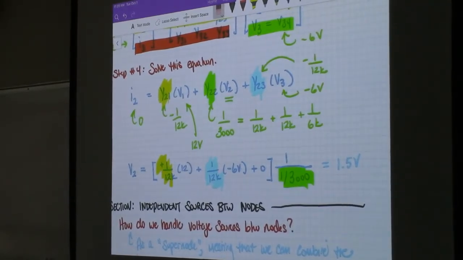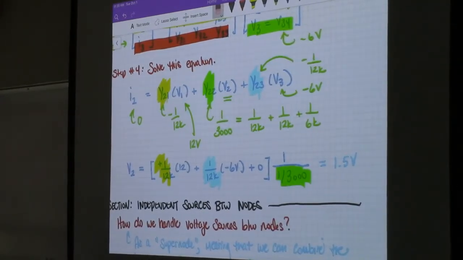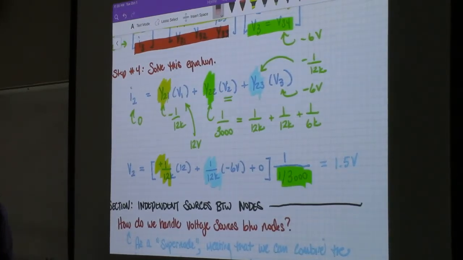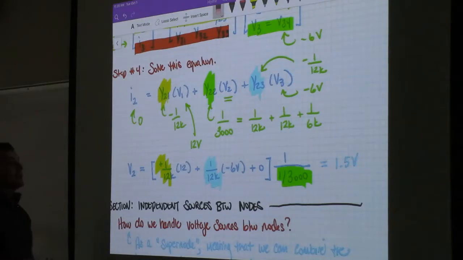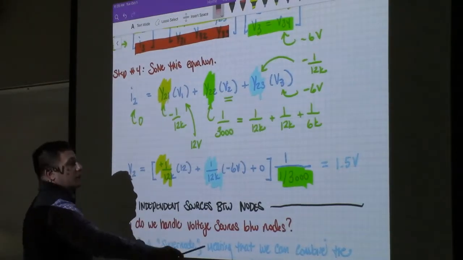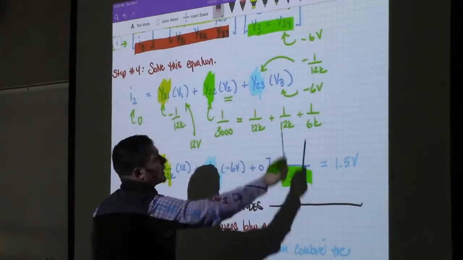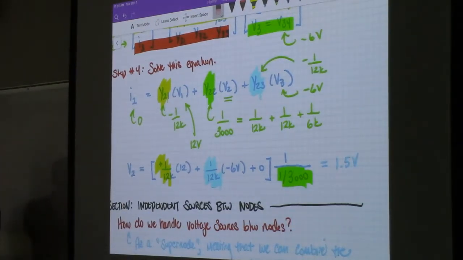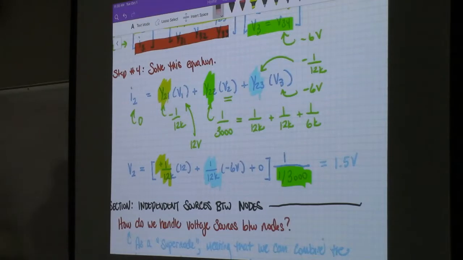And what we end up with is that V2 is equal to 1.5 volts. So the full answer is V1 equals 12, V2 equals 1.5, V3 equals negative 6. And that gives you all the voltages of the system. Any questions on that one?